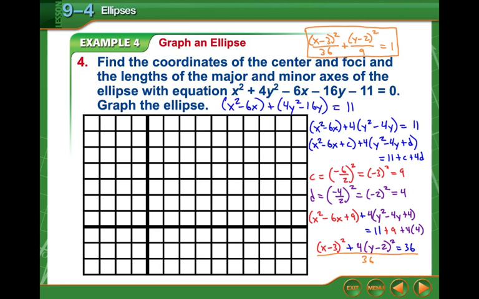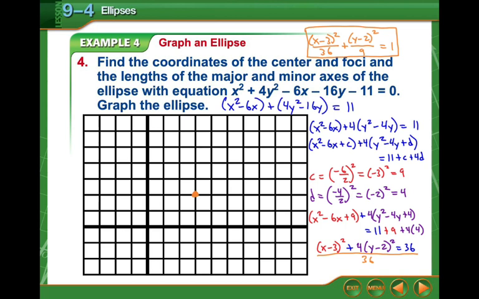So our center is at 3, 2. And we know that our major axis was first, so that's the x. We weren't 100% sure that was going to end up that way, but because of the number underneath, the x needed to be there, so that is in the right spot.